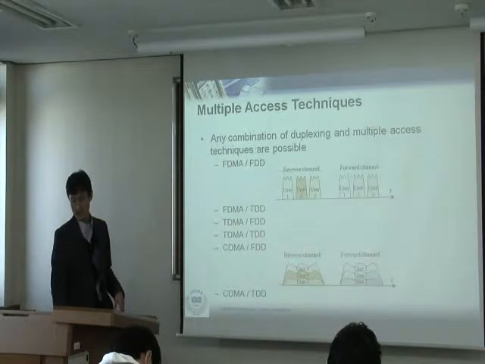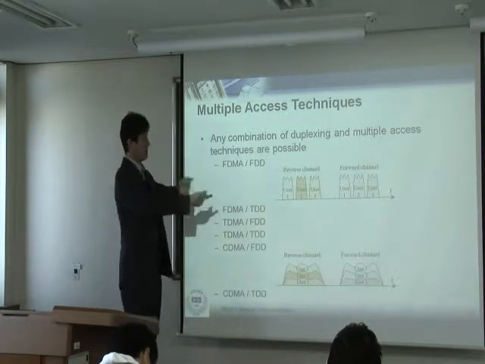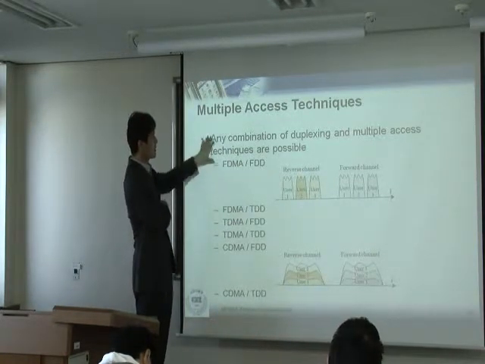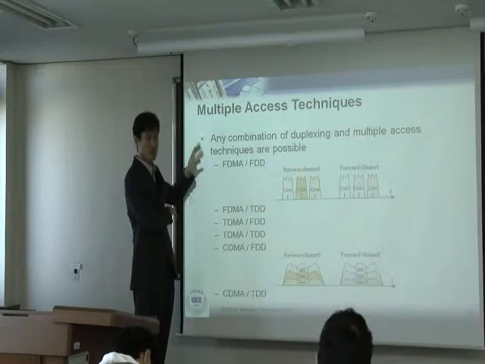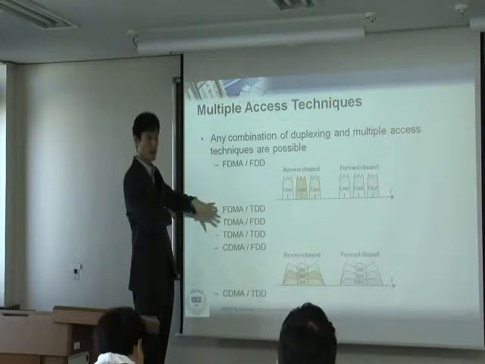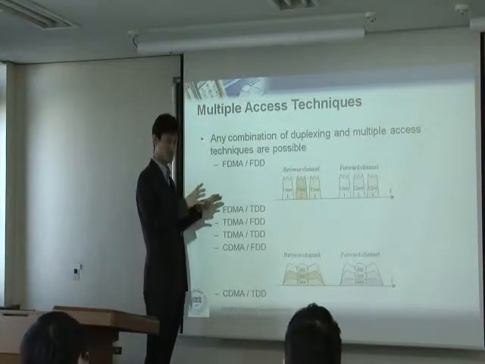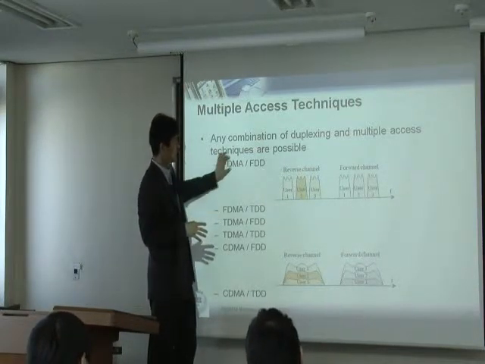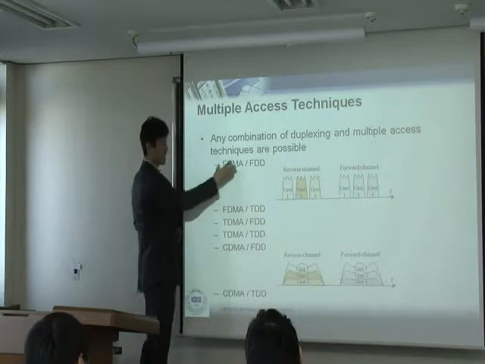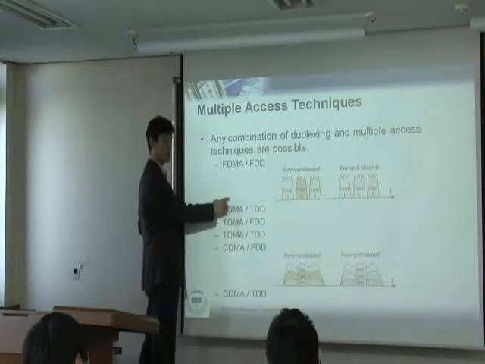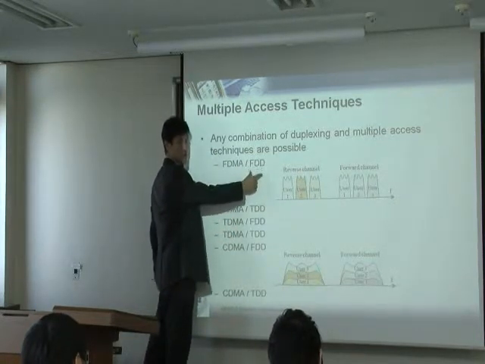We talked about multiple access technologies like FDMA, TDMA, SDMA, and all these things. We're going to talk about each of them a little bit more. We just talked about the duplexing technology.